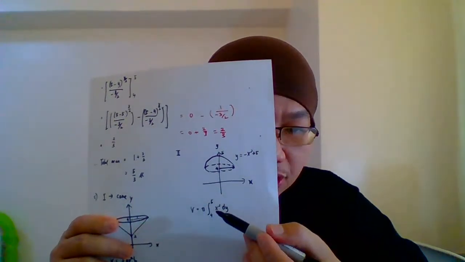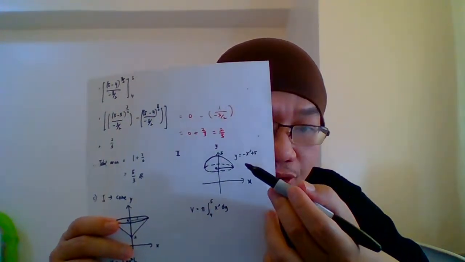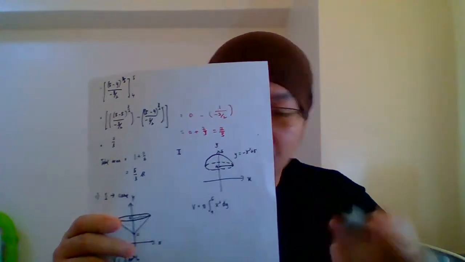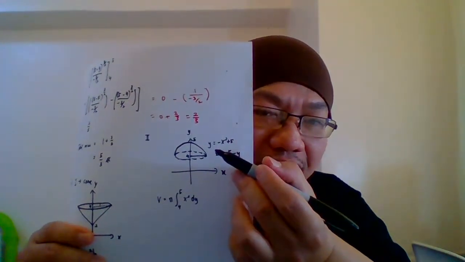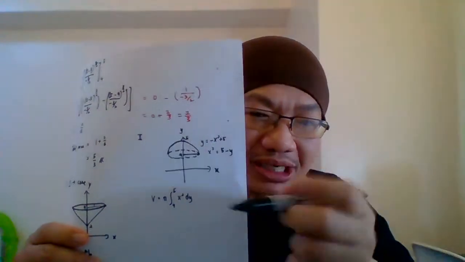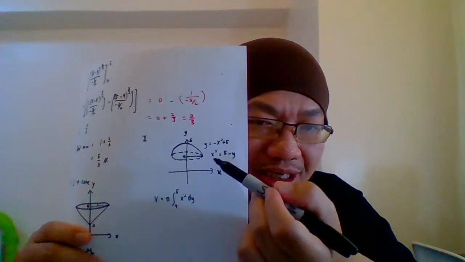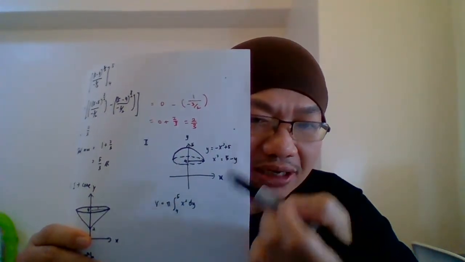Since we want x squared as the subject, we simplify so that x squared becomes the subject, therefore x squared equals 5 minus y. No need to remove the square, because we are talking about x squared here. Now cut and paste this whole thing, put it here.